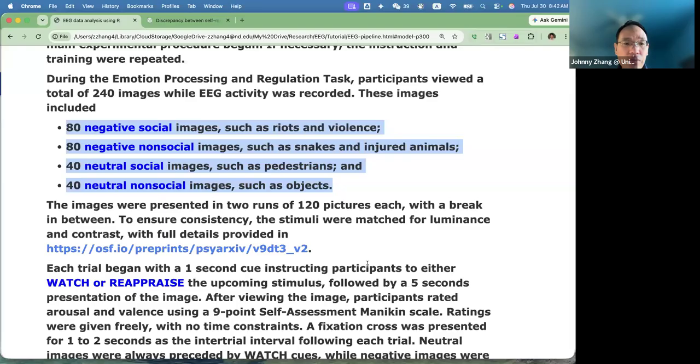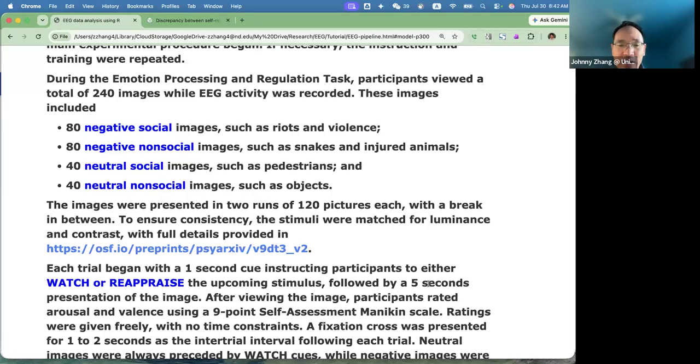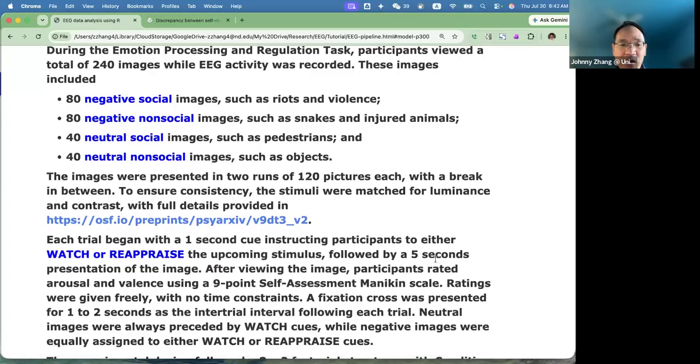Before the presentation of each image, there is a 1 second cue. It tells the participant to either simply watch the image or reappraise the image. After that, there is a 5 second presentation of the image.